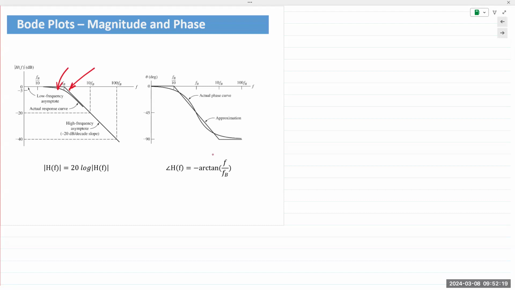The slope of this filter response, whether it is a high pass filter or a low pass filter, this is a high pass, this is a low pass filter, will always have a value of 20 decibels per decade of frequencies. So it's 20 dB per decade. And this is true for all first order filters.